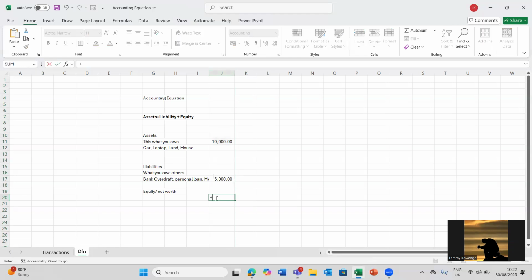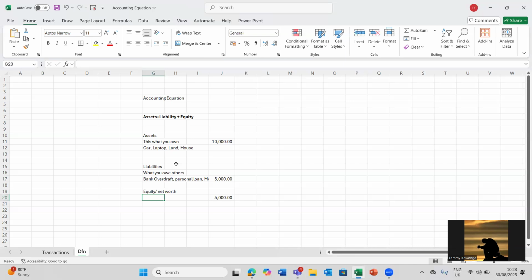Your net worth will be your assets minus your liabilities. This is the definition of net worth. We call it the residual interest of your wealth, or what is left after you have subtracted your liabilities.